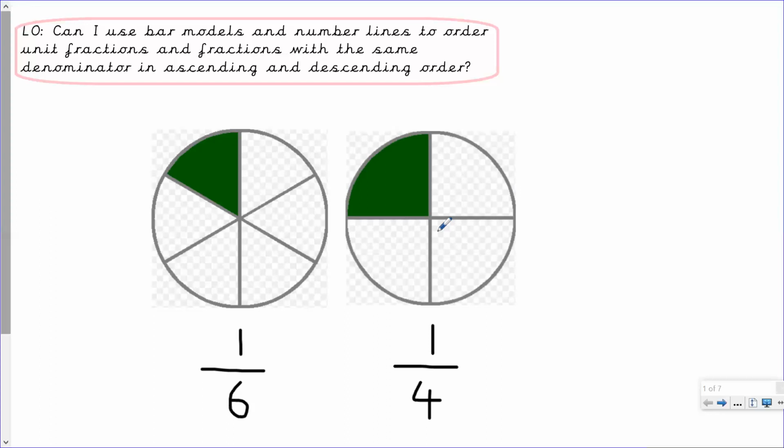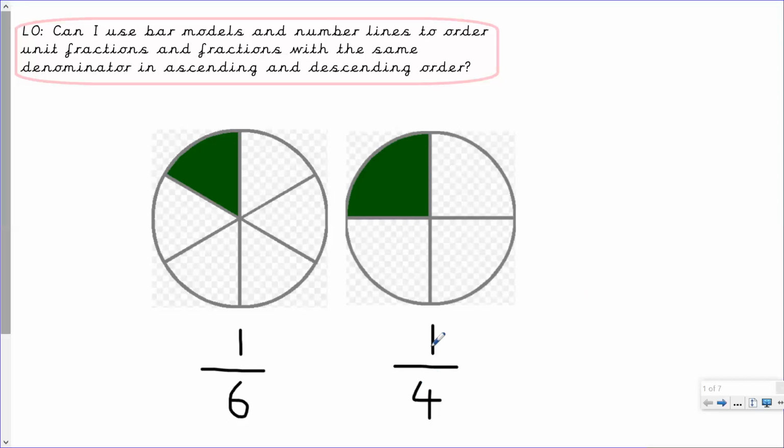Okay, so if you notice, these are both unit fractions. They, however, do not have the same denominator. Their denominators are different. Which fraction is larger? Well, if we look at the images, we can see that 1/4 is larger, even though 4 is a smaller number than 6.